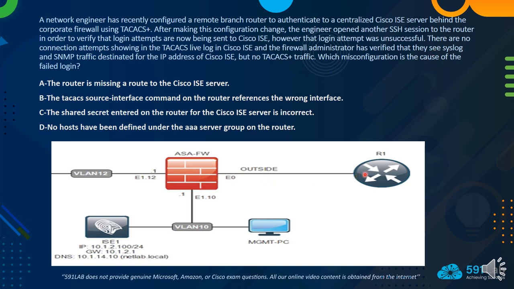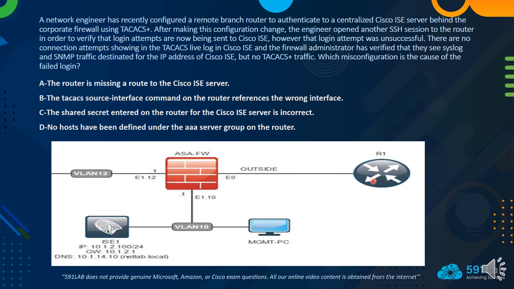That means there is no TACACS+ traffic from this router to ISE, however he initiated an SSH session. So what is the misconfiguration? Let's explain our topology. We have a router on this branch connected to this firewall over the WAN, and we have ISE also connected here.